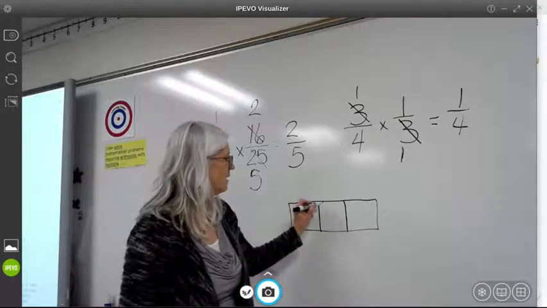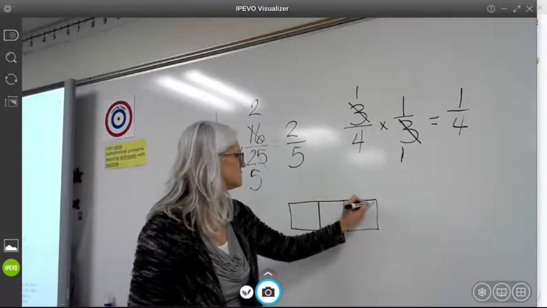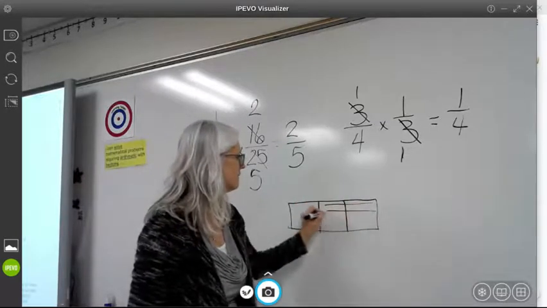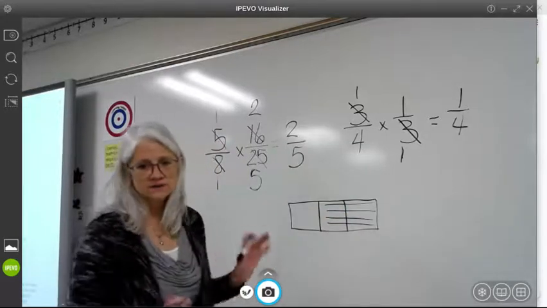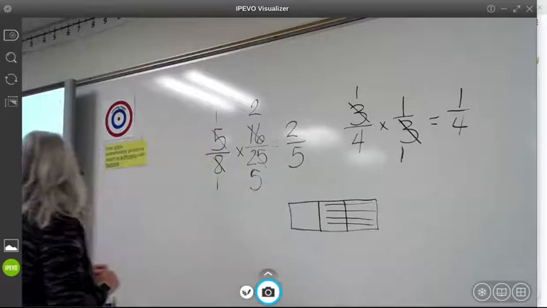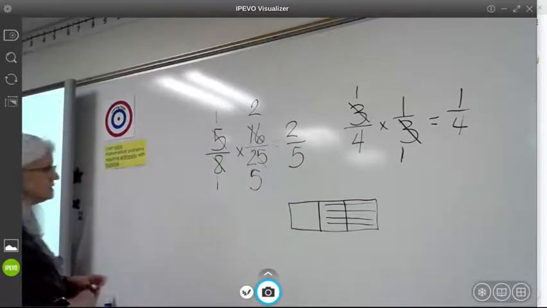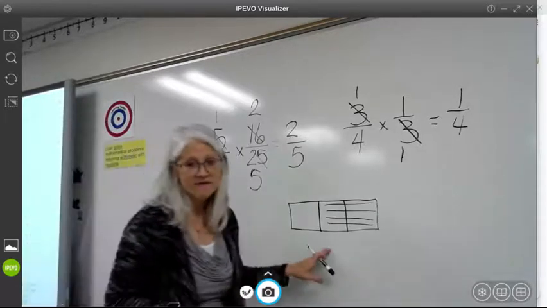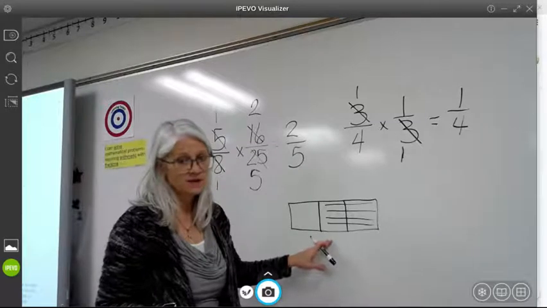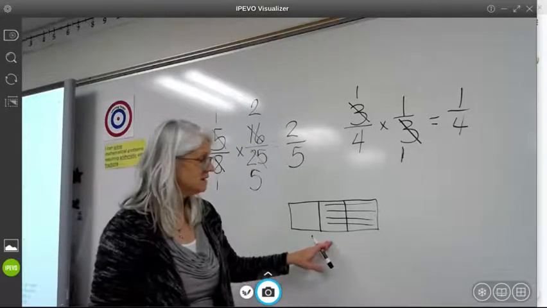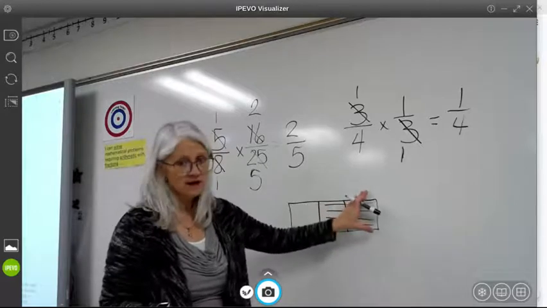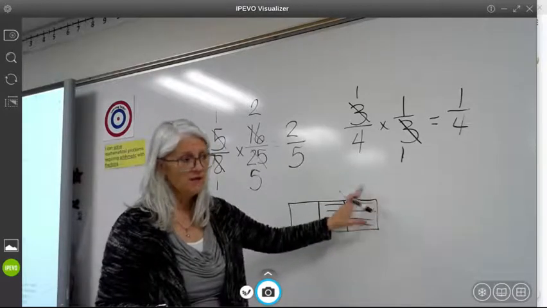So I'll just kind of shade it in this way. This is going to be his rows in his garden. 2/3 of his yard is going to be garden. Out of those 2/3, half of this is going to be flowers, right? So half of the garden is going to be flowers.